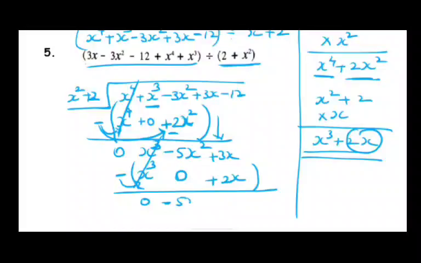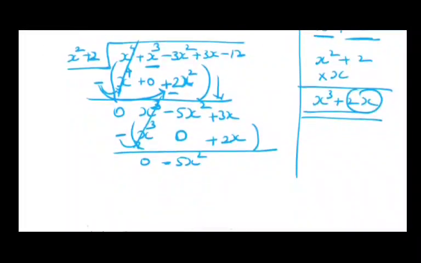This minus 5x square comes down. This minus sign gets applied here as well. So this becomes minus 2x. So plus 3x and minus 2x makes it plus x. Correct? 3 minus 2 is 1. Bring the minus 12 down.